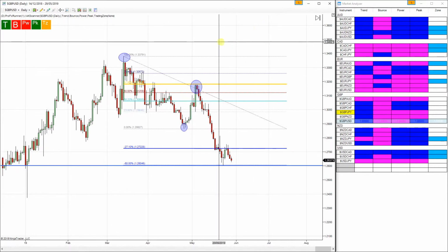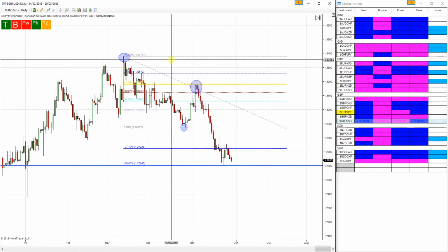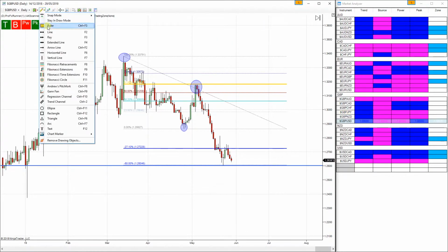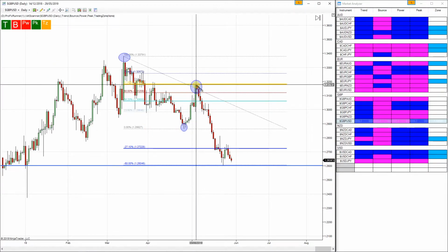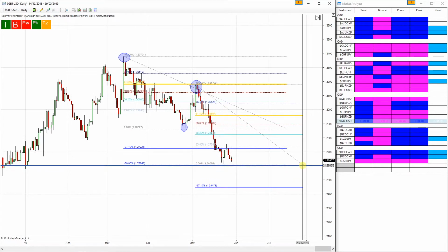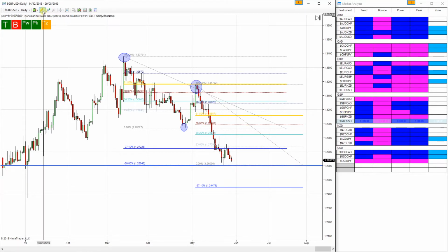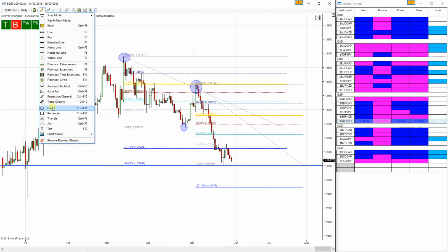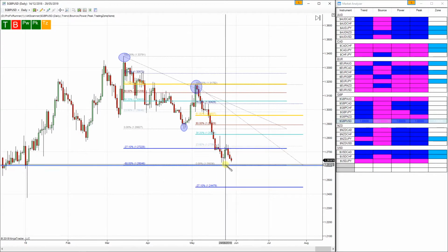So what I'm going to do now is draw another Fibonacci from this level here to the bottom, and I'm going to draw it across here, and we can see here that it gives us a number of levels that we can start looking at to see if the market's going to come.